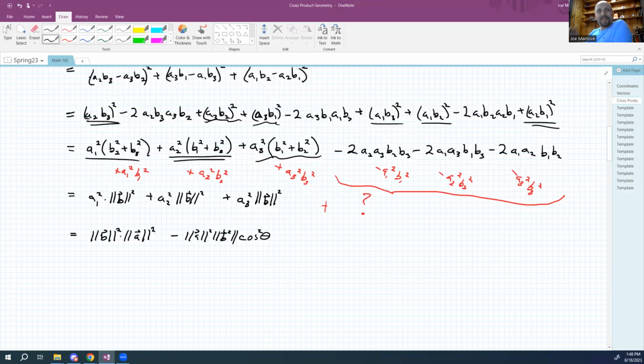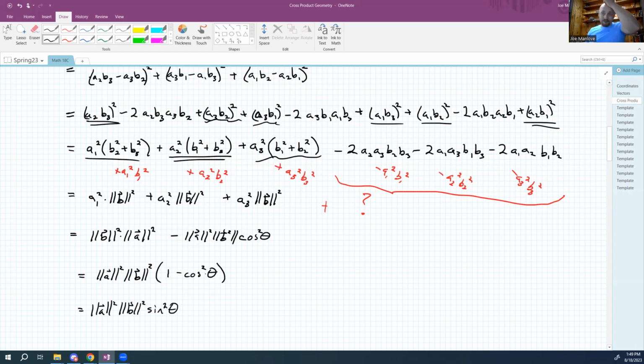squared. Because once I'm here, I think you see that I could factor out a magnitude of A squared, a magnitude of B squared, and then be left with 1 minus cosine squared theta. Then we could use a trig identity to turn that into the magnitude of A squared times the magnitude of B squared times the sine of theta squared.